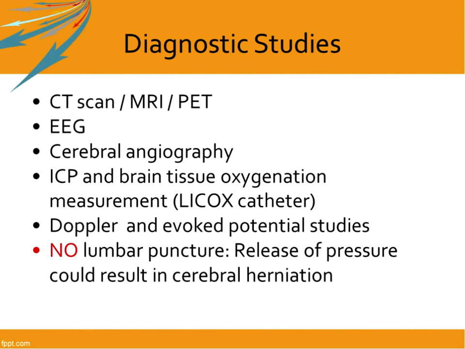We can use this to differentiate between the different conditions. We can also use PET scans, EEG, or cerebral angiography. We can measure ICP. We'll talk a little bit more about that. We also can measure brain tissue oxygenation with the use of a Licox catheter. I'm going to talk about that later, okay?